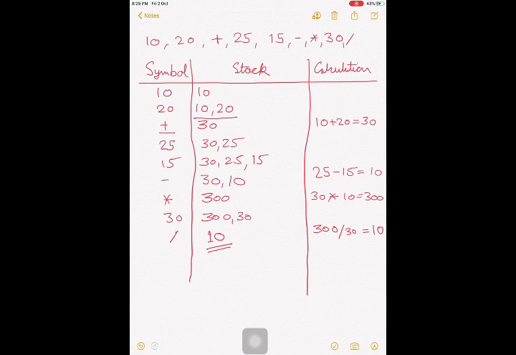So you have to put the operator in between those two operands. When this 20 is popped, it will move to the right hand side, and this 10 will be used at the left hand side, and this plus will be placed in between. So kindly take care of this, otherwise it will create problems when you are facing operators like multiplication and division.